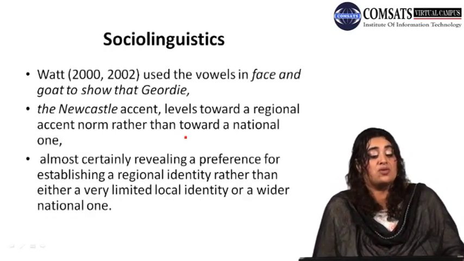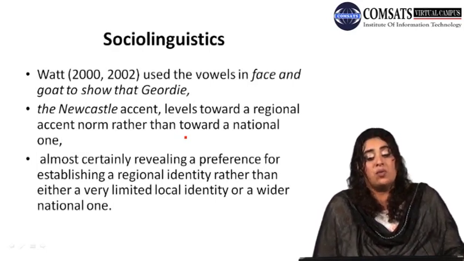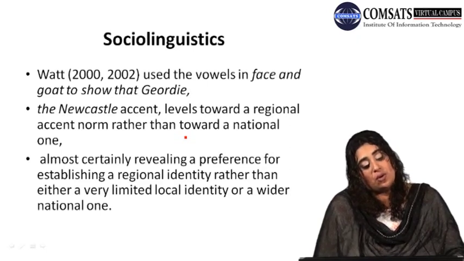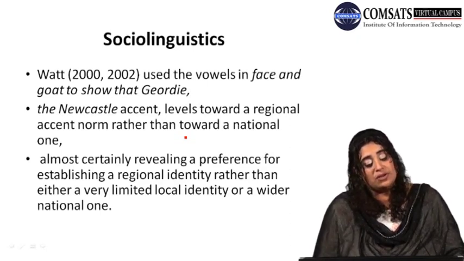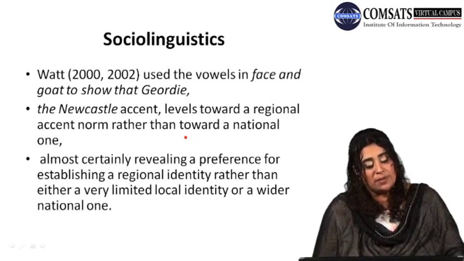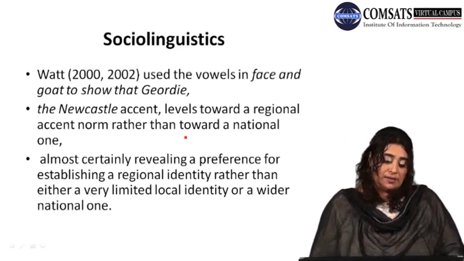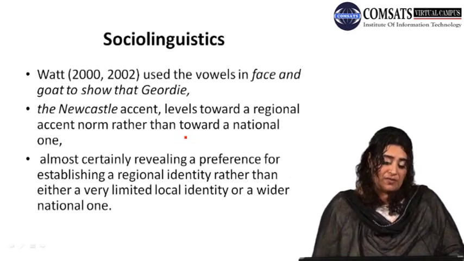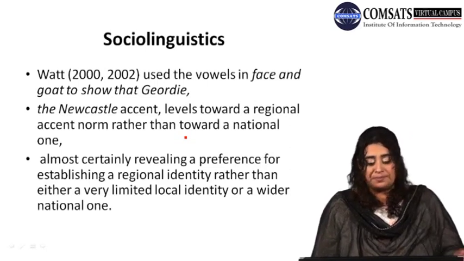Watt in 2000 and 2002 used the vowels in face and goat to show that the Geordie, the Newcastle accent, levels towards a regional accent norm rather than towards a national one. This almost certainly reveals a preference for establishing a regional identity rather than either a very limited local identity or a wider national one.